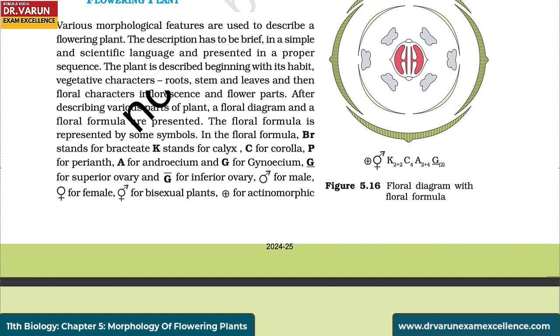The floral formula is represented by some symbols. In the floral formula, Br stands for bracteate, K stands for calyx, C for corolla, P for perianth, A for androecium, and G for gynoecium. G with a dash as a subscript for superior ovary and G with a dash as a superscript for inferior ovary.